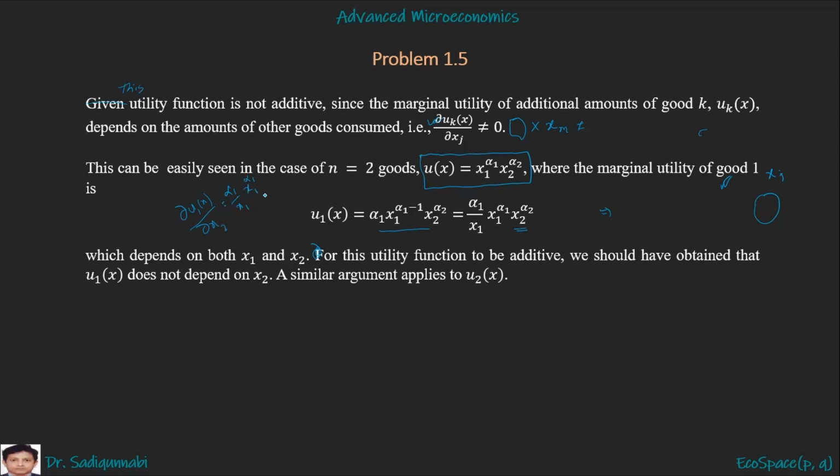This is obviously not equal to 0. So we can see that the marginal utility of good k with respect to another good is not equal to 0. That's why the utility function is not additive.